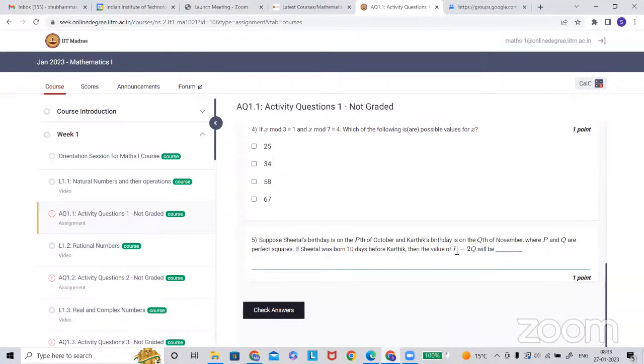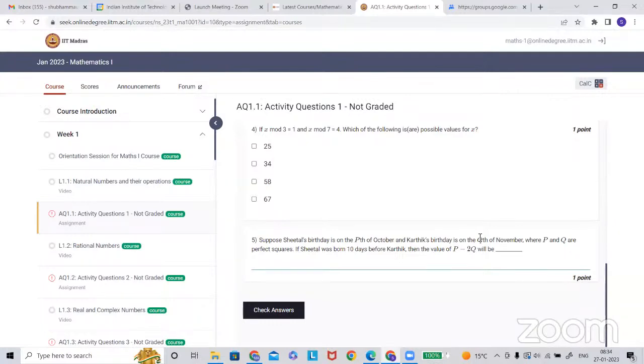Yes, sir. My question is about P. Sital's birthday is on 5th October, which is a perfect square. In October, how many days are there? You can count which numbers are going to be perfect squares.